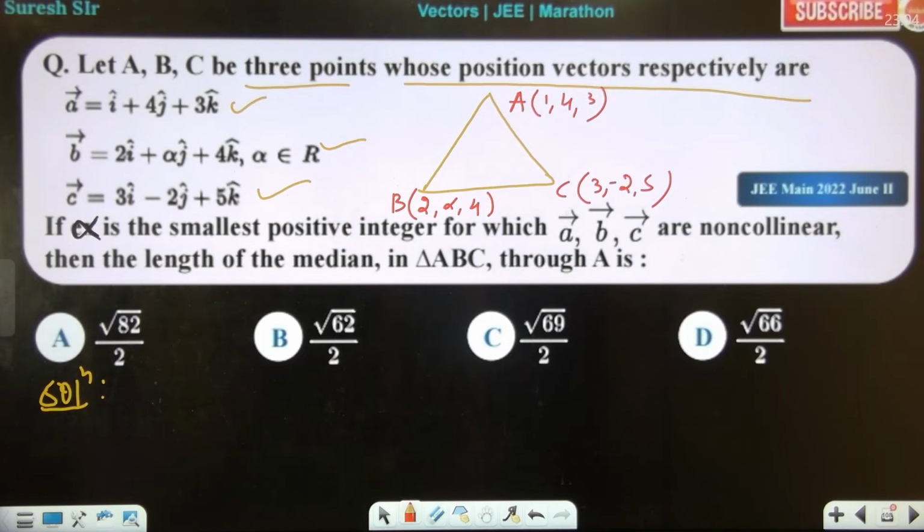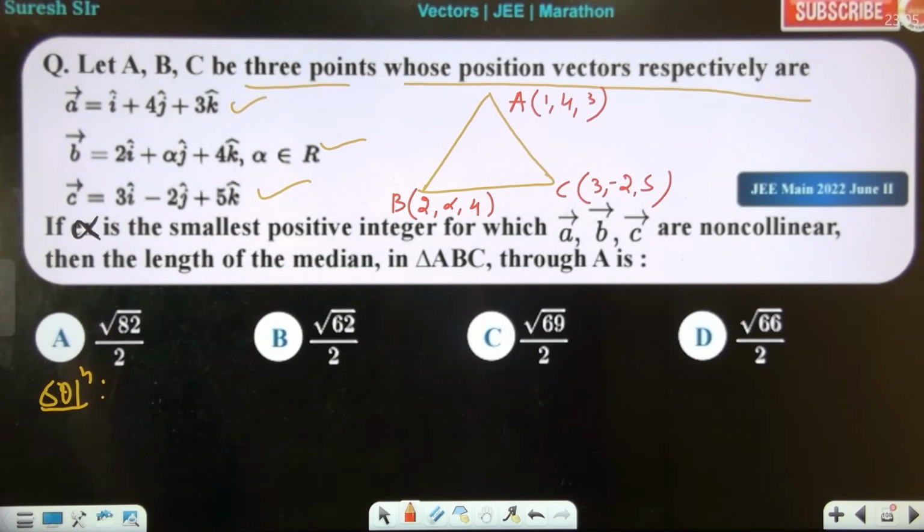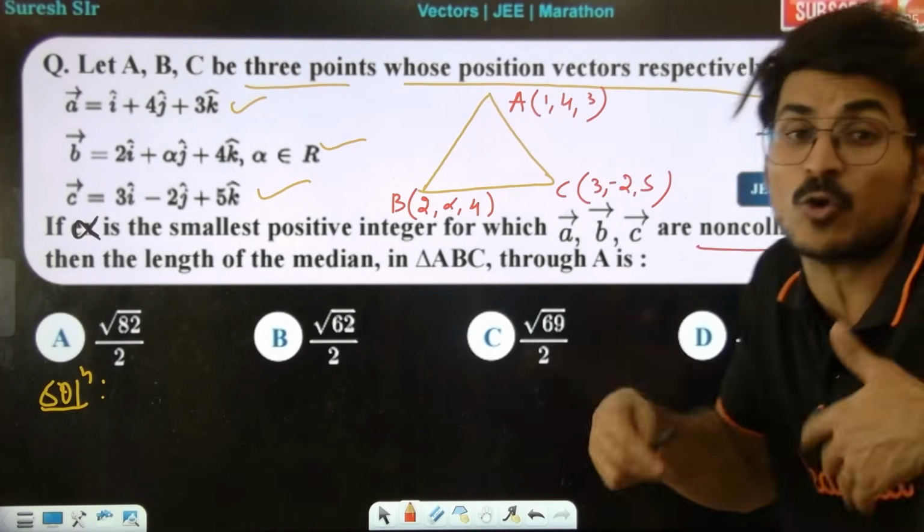So firstly, we will take the collinearity condition for this triangle. Non-collinear is given, but firstly we'll take collinear.